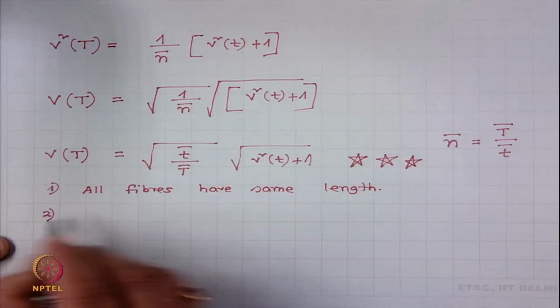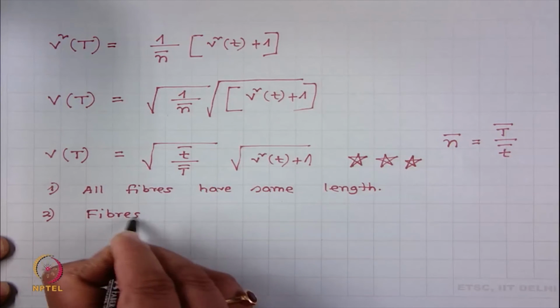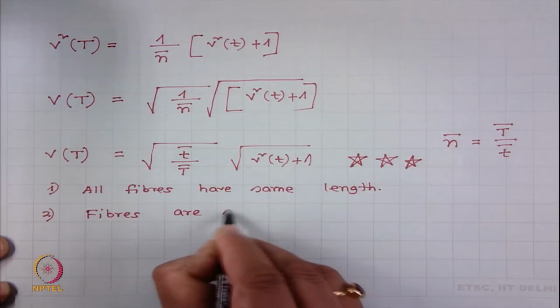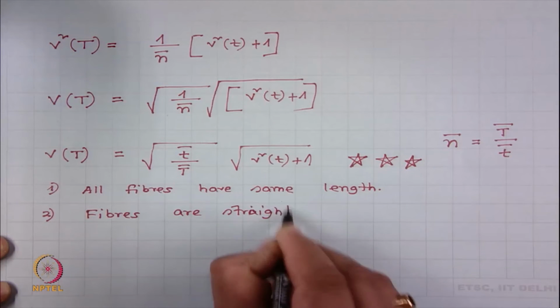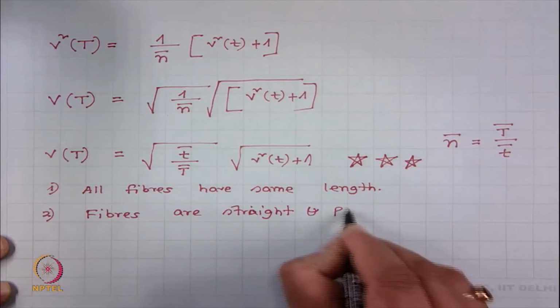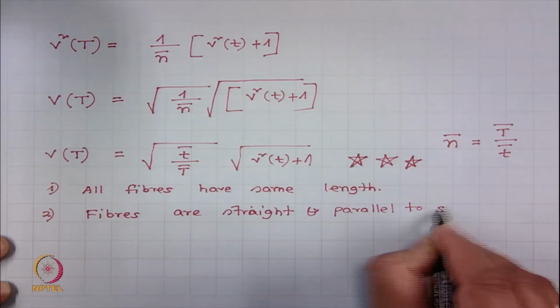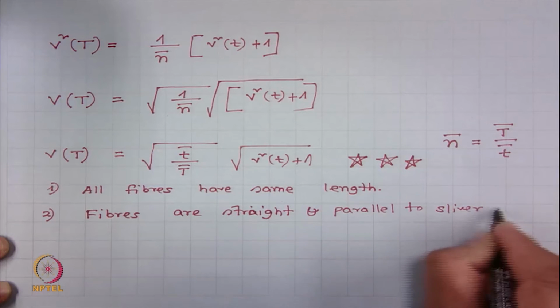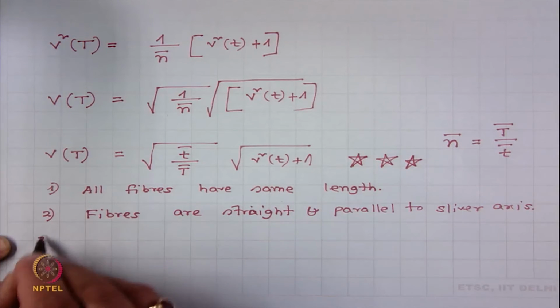Second assumption, fibers are straight and parallel to sliver axis.